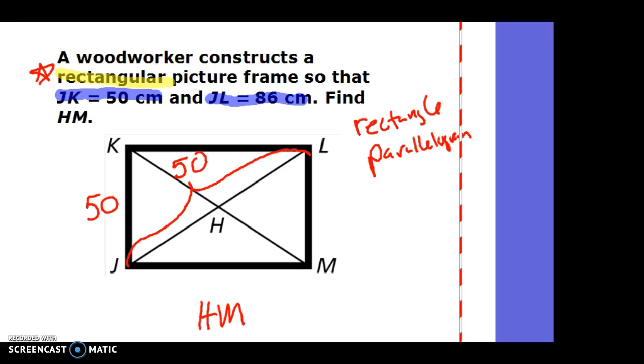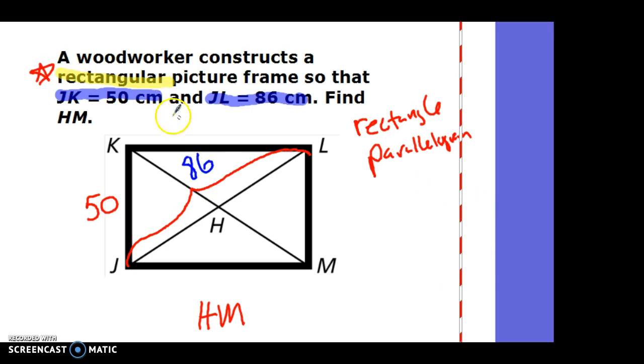Which length did they give me to help me find the length of HM? Oh, sorry, it is 86. My apologies. Sorry to my viewers out there. We'll fix that. It's 86. This length is 86.